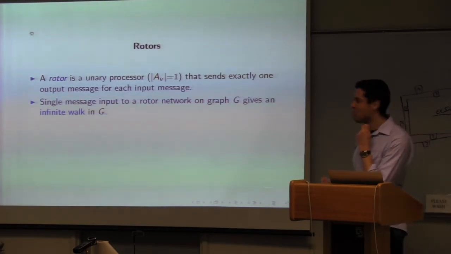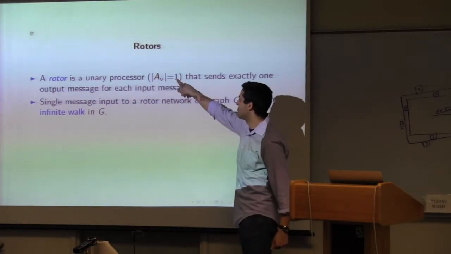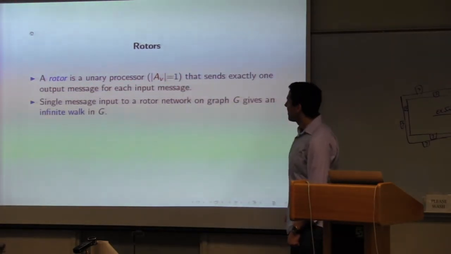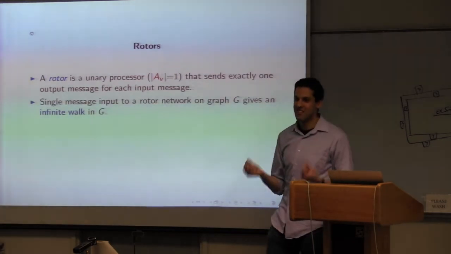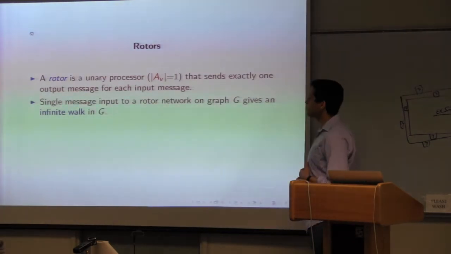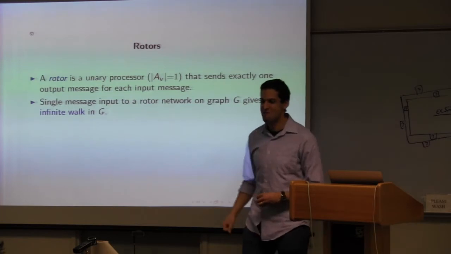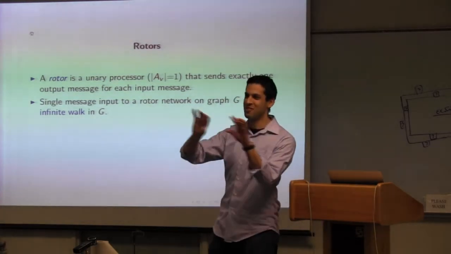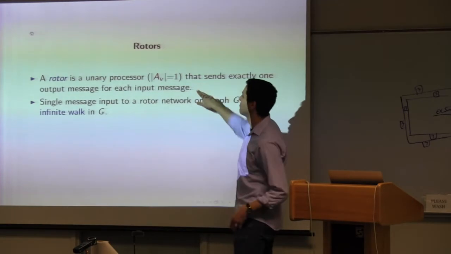We define a rotor as a unary processor, so it accepts only one type of input, and it sends exactly one output message for each input message. For message, you should read letter on this slide. Someone told me message, they think of a whole string of letters. So it sends exactly one output letter for each input letter.